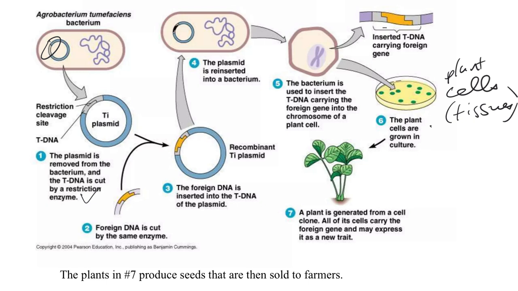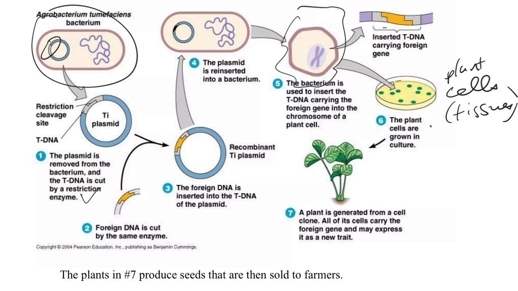And you grow them into plants, and each of the cells in that plant has the bacteria with the inserted gene from the Bt bacteria. I guess Bt doesn't insert itself, so you need a secondary bacteria that does.